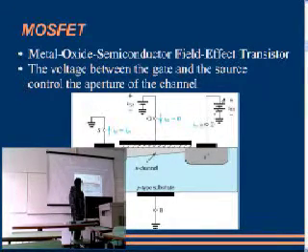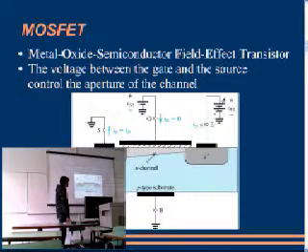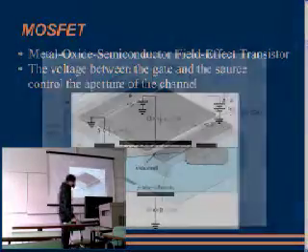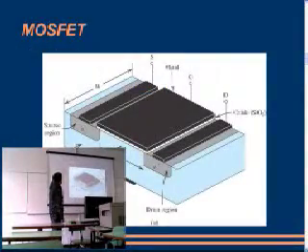When we put a voltage between the gate and the body of the transistor, we can create a channel linking the source with the drain and allow the electrons to flow through it. This is another view of the transistor, showing the regions of it.